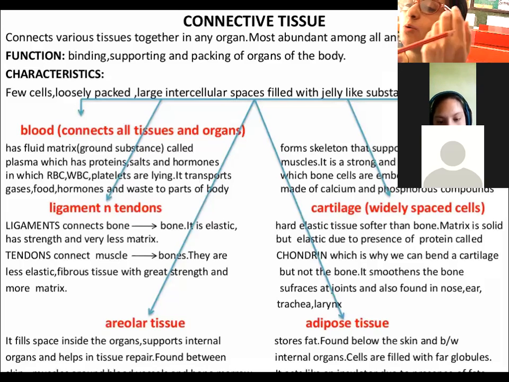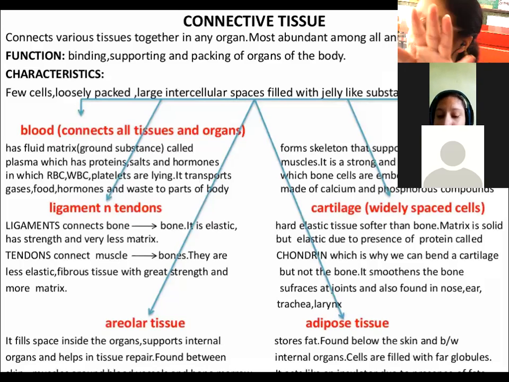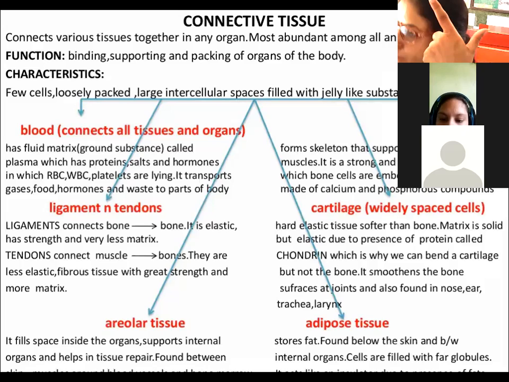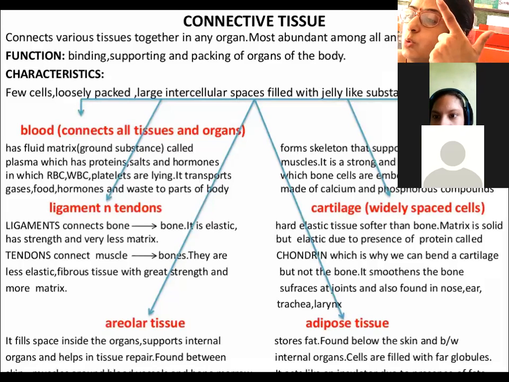Can you tell me how the blood flows in the body of an animal? Through vessels. There are 3 types of vessels. To carry the oxygenated blood, there are arteries, right?